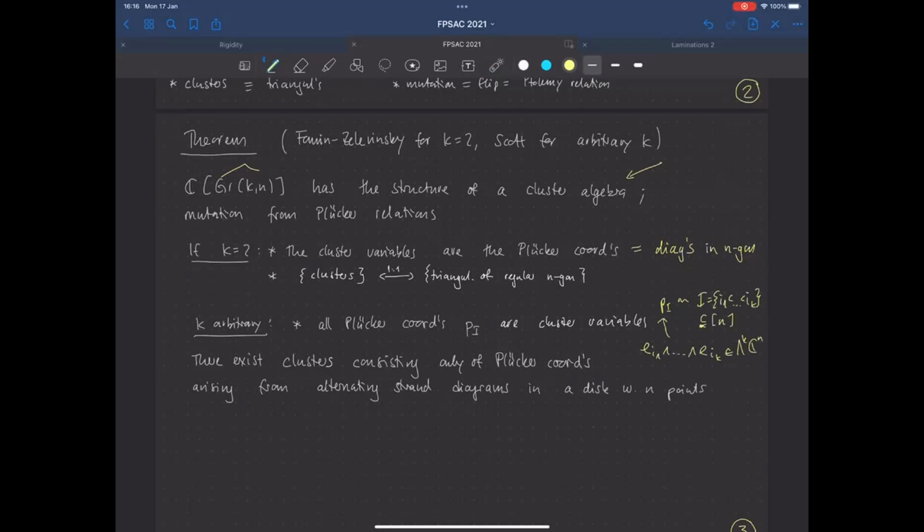So these are the Plücker coordinates. They are all cluster variables, but in general, for arbitrary k, there are infinitely many cluster variables in general.